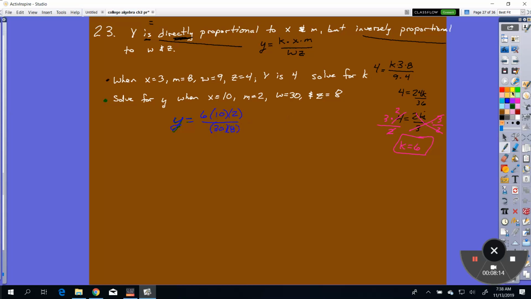You can multiply that all together, or you can cross cancel. I see that that's a 10 and that's a 30, so I'm going to reduce each of those by 10. I know that 2 and 8 makes 4. And 6 and 3, that's going to make a 2. And 2 and 4 makes a 2. So I'm left with 1 on the top and 2 on the bottom. So y equals 1/2 when I have all this other information.